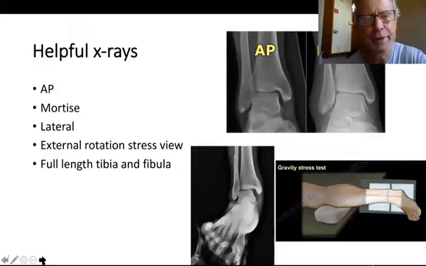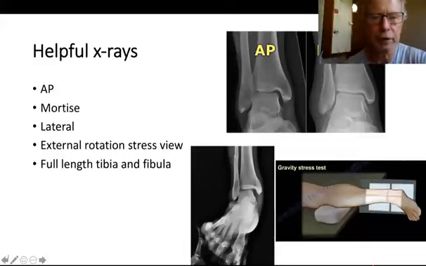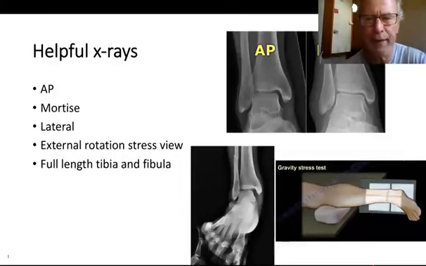Okay. Next slide. Okay. So basically, there are certain X-rays that are useful to get if you've got access to X-rays. So an AP and a lateral. It's obvious. Then a mortise view. A mortise view basically is a 20-degree internally rotated film, and it's really saying that the fibula is lying posterior relative to the tibia.